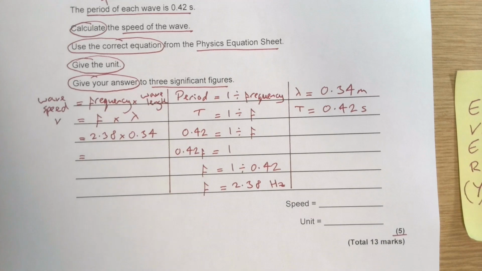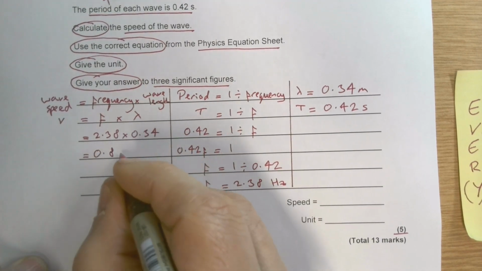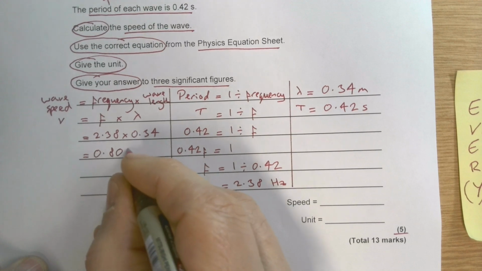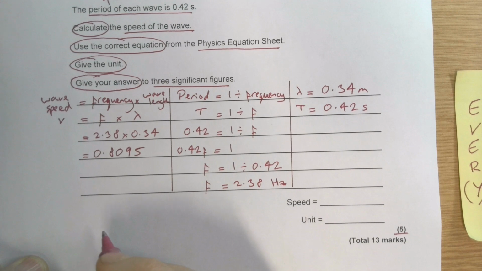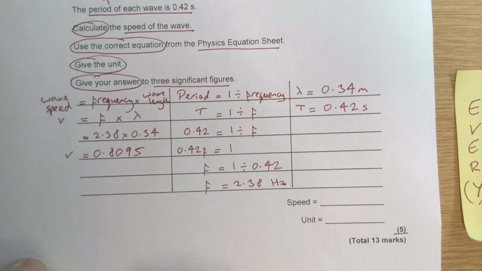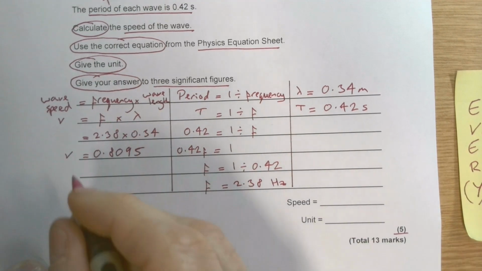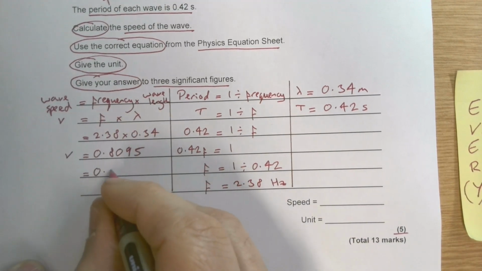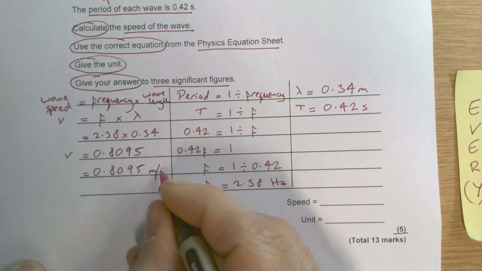That gives me a total of 0.8095. Last thing I need to do is the unit. The unit is speed, meters per second.